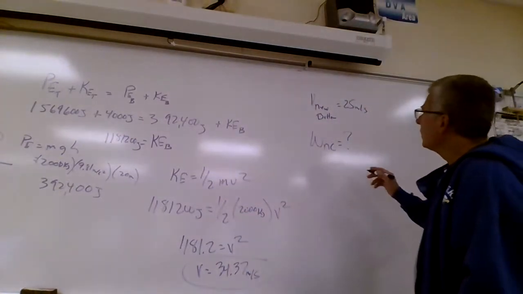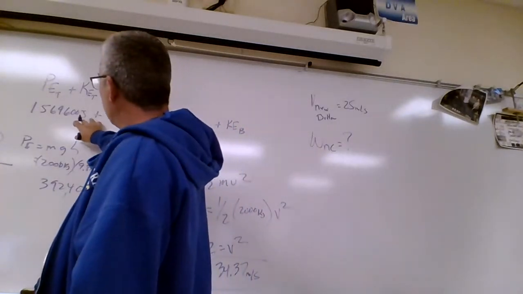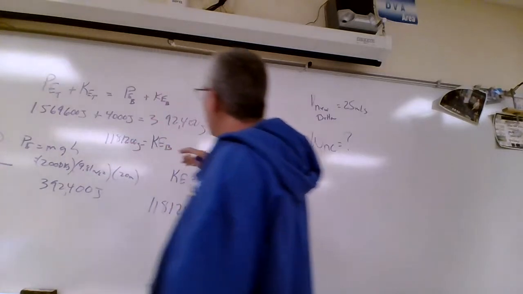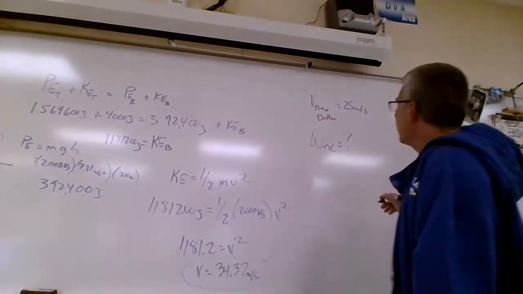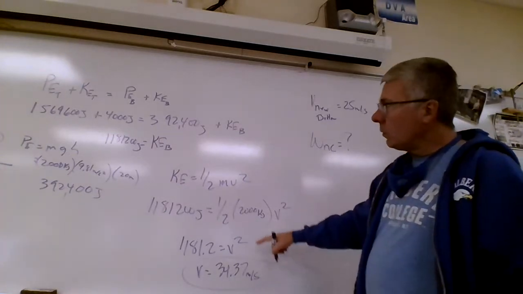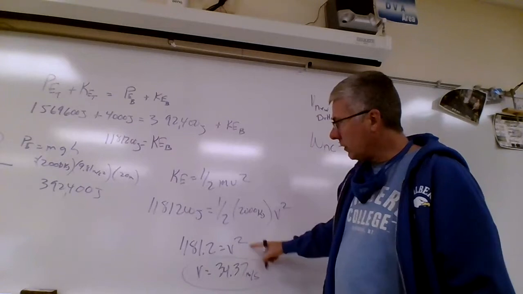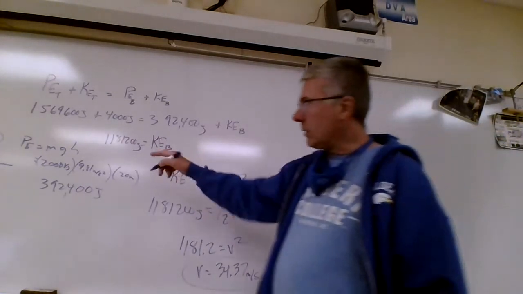All right. So we leave the beginning the same, potential energy at top plus the kinetic energy at top, right? And then the after section is down here. We're going to use the 25 in this formula to find out how much kinetic energy it actually has at the bottom.